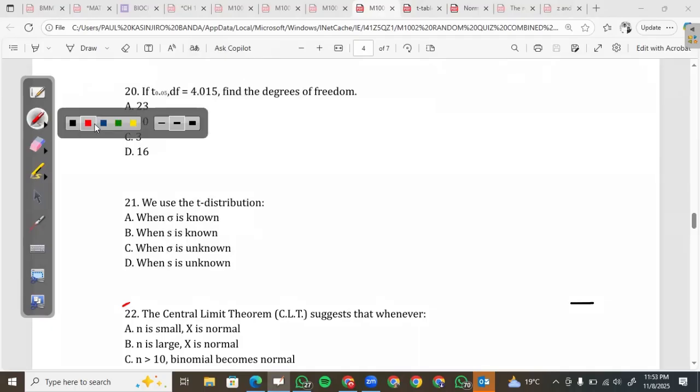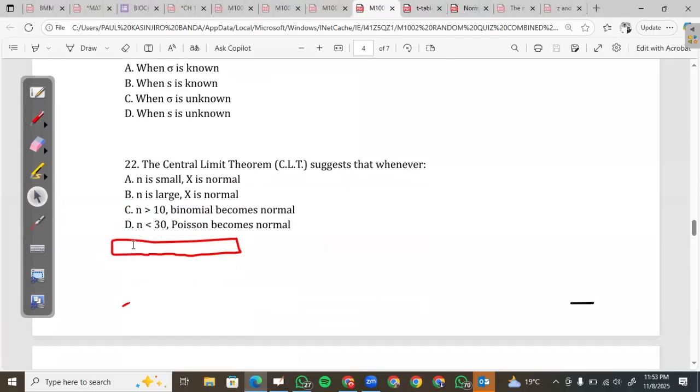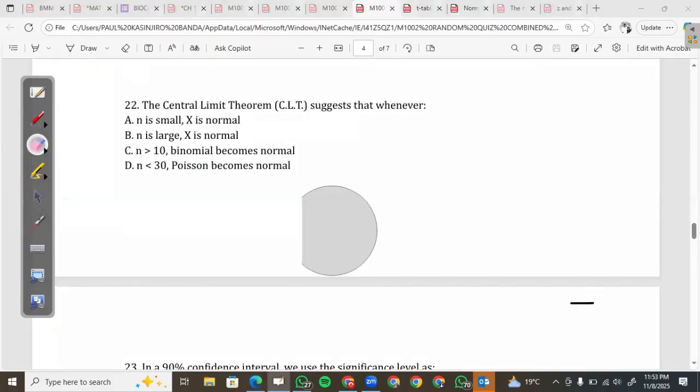Okay, what about this one? They're saying we use the t distribution when, so we all know here, we use the t distribution when the population variance is unknown. And then the central limit theorem suggests that whenever n is large, then x bar is normal.